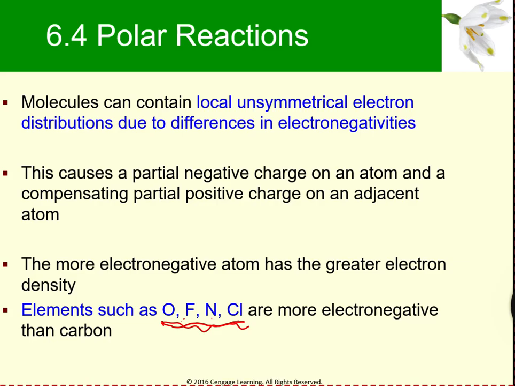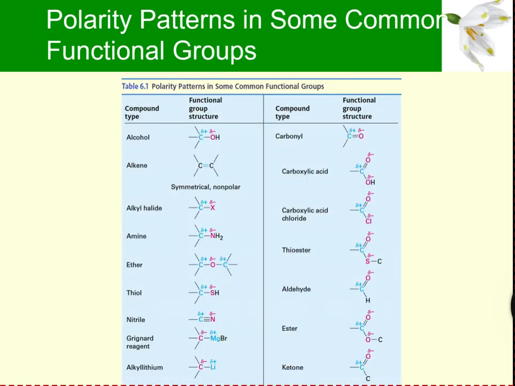Let's take an example of how bonds are polarized. For example, here the C-OH bond is polarized, with C plus and O minus. So if this bond undergoes heterolytic cleavage, OH will be minus and C will be plus, right?